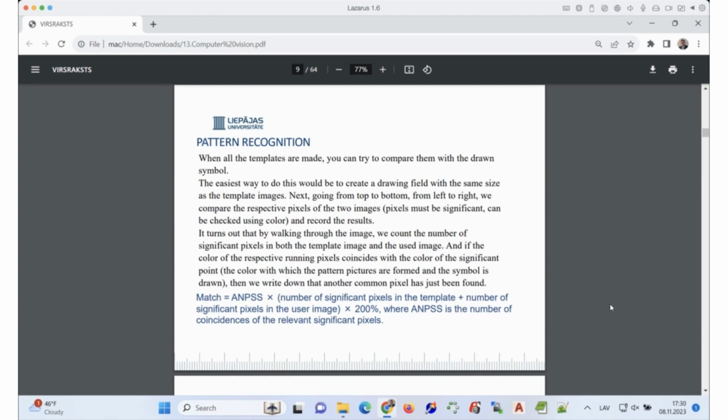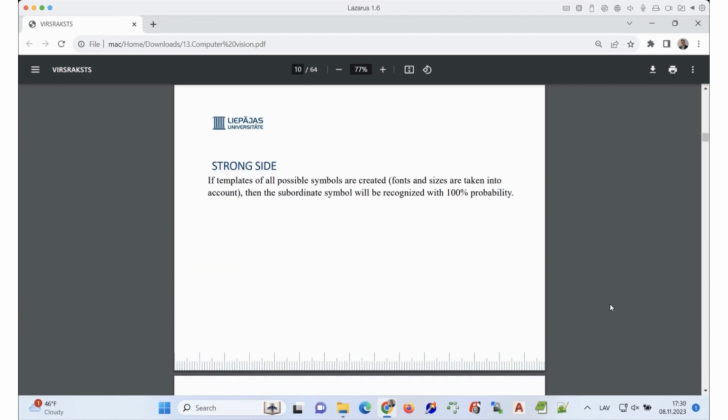But anyways, we need to go through an enormous amount of templates. And literally that means this approach is not really useful in the aspect of time consumption. So surely it has a strong side. If you found 100% comparison between the given picture and the template, especially when the method is sensitive, so you use only symbol-related pixels, then you can say 100% that you found out what was drawn there.